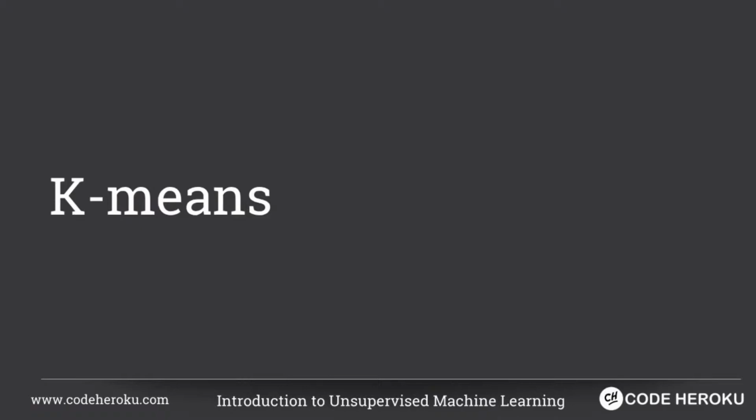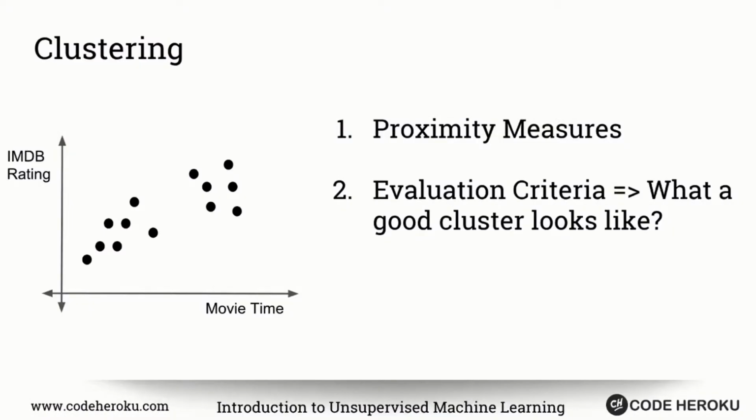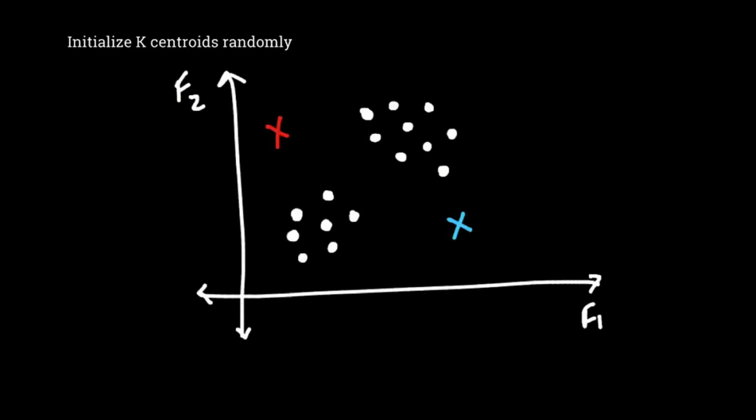The second is some sort of evaluation criteria to look at those clusters and see whether you have a good cluster or not. Keep these two things in mind as we go ahead. So this is how k-means works. Let's imagine that we have the same data set as you saw before.